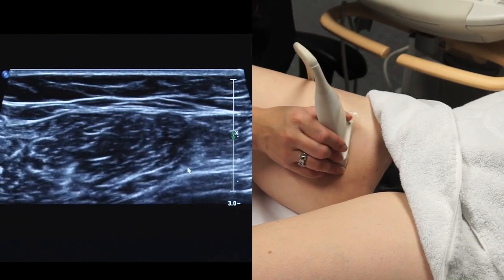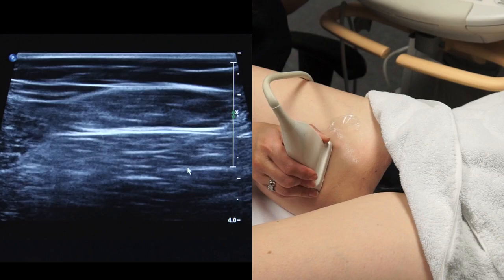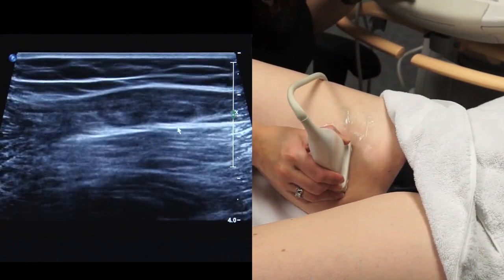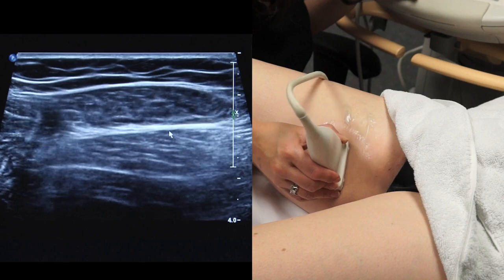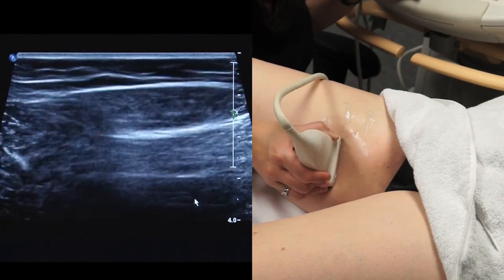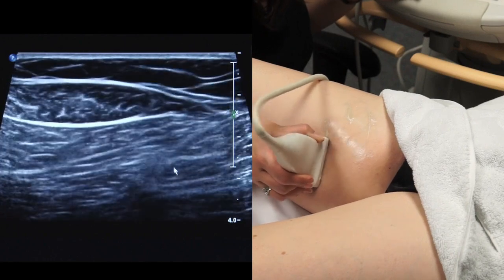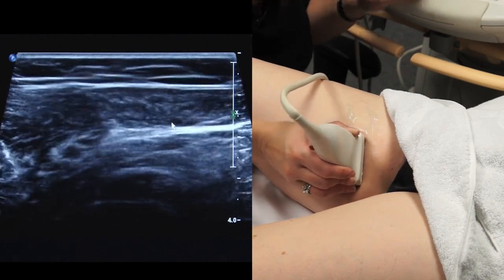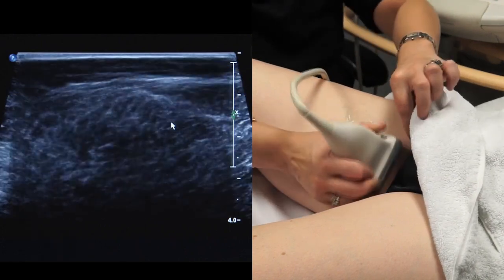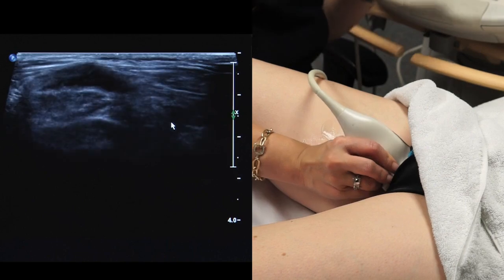I'm just going to adjust my depth here. In this scan we see portions of the gracilis, the adductor longus and adductor brevis. Here we are: longus, brevis, gracilis. The adductor longus inserts on the inferior pubis, so you can follow that muscle as it forms a tendon.